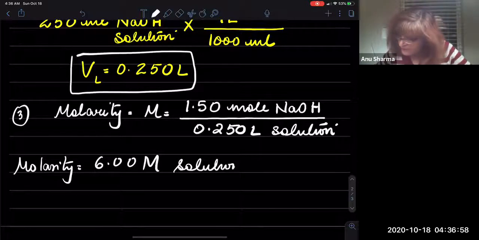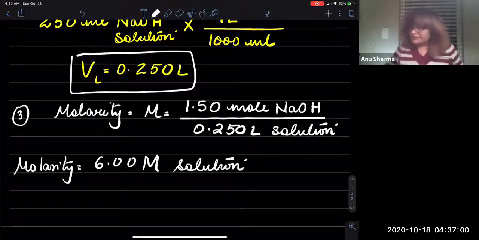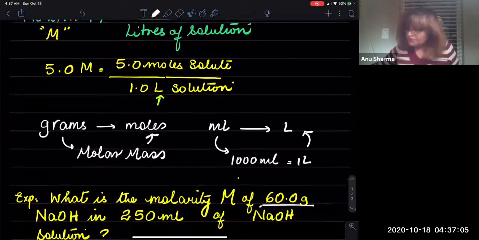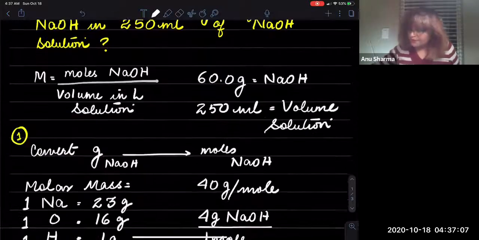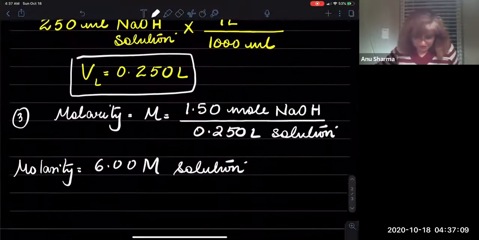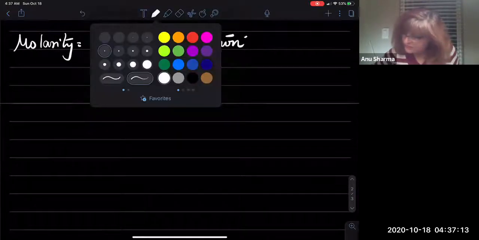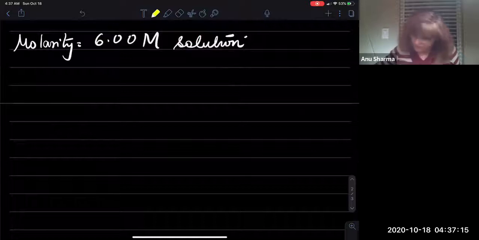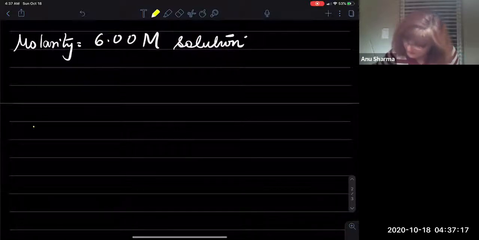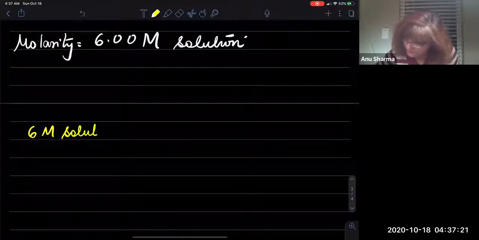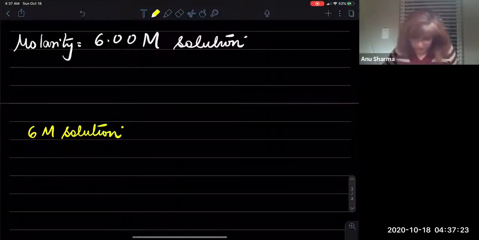So this is the way you convert if you are given the grams: you convert that to moles and go from there. Some other simple related conversions: for example, if you are given a 6 molar solution, a 6 M solution of, let's say, HCl, what does this mean?